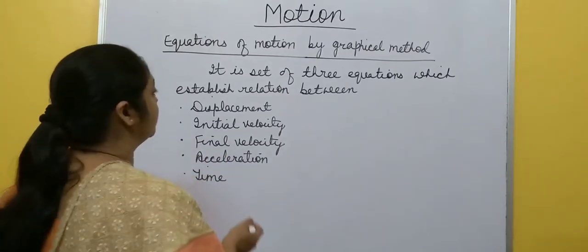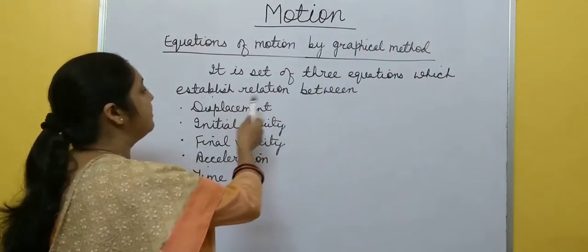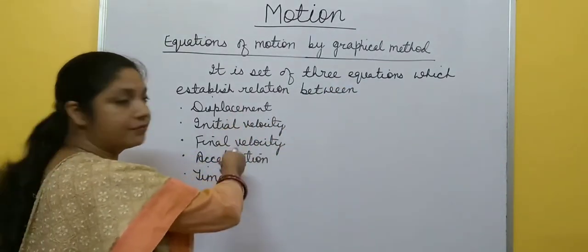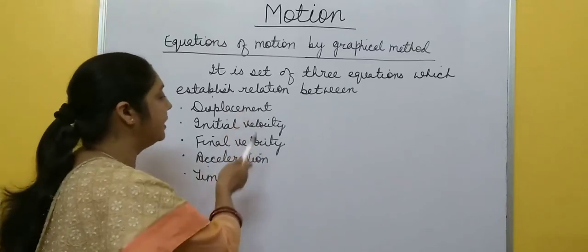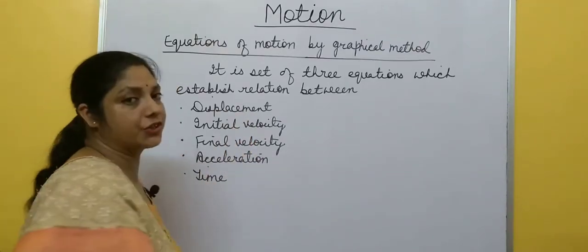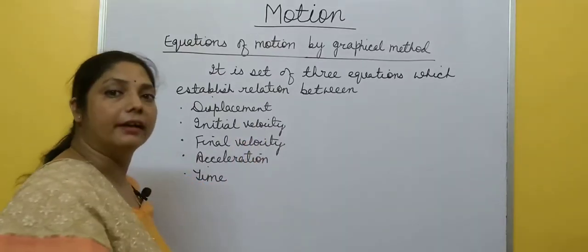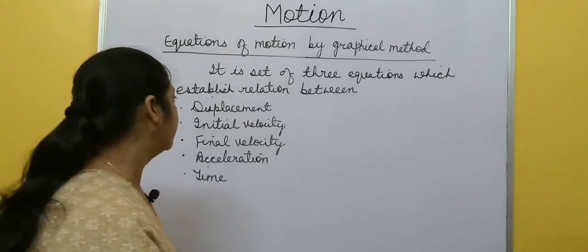Okay, so there are three equations which establish relation between these physical quantities: displacement, initial velocity, final velocity, acceleration and time. All these quantities are related with motion.